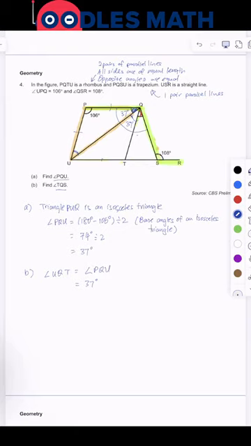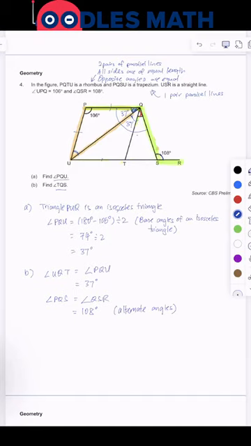So we know that angle PQS is actually equivalent to angle QSR, and it is equivalent to 108. So this is alternate angles. Knowing this, what do we do next?